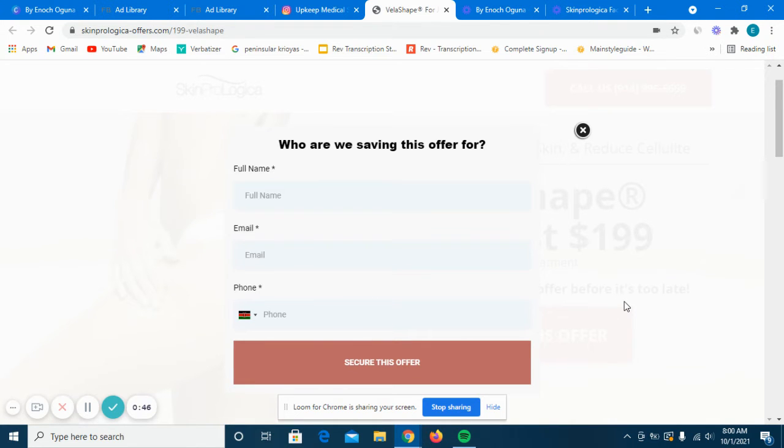And when they do that, they are probably going to receive that voucher. I think it's kind of a voucher. They are going to be sent some sort of discount code or something like that, and then someone is going to call them and arrange and schedule the appointment and all that kind of stuff.